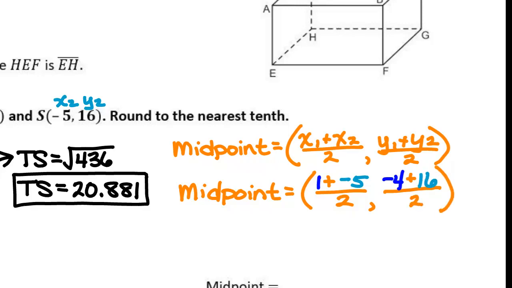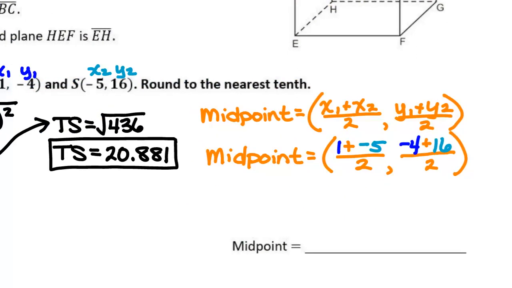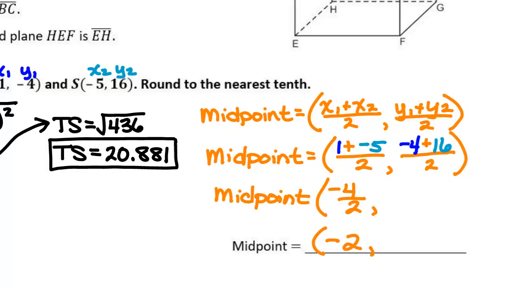Close the parentheses. What is 1 plus -5? -4 over 2. What is -4 over 2? -2. So -2 is the x part of the ordered pair for the midpoint.